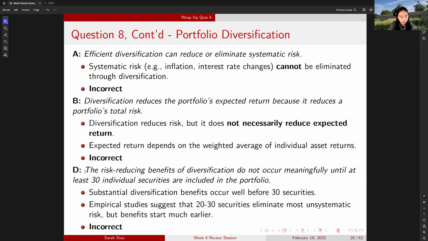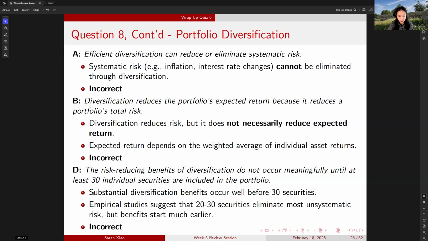So option D, the risk-reducing benefits of diversification do not occur meaningfully until at least 30 individual securities are included in the portfolio. This is also incorrect. The substantial diversification benefits occur well before 30 securities.